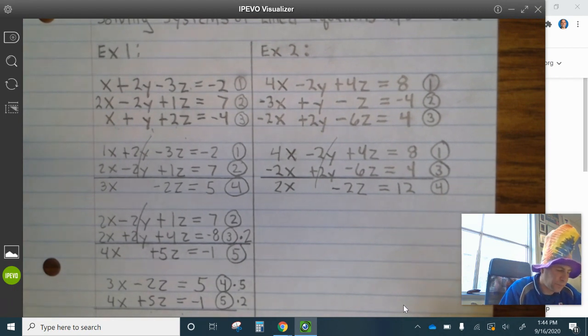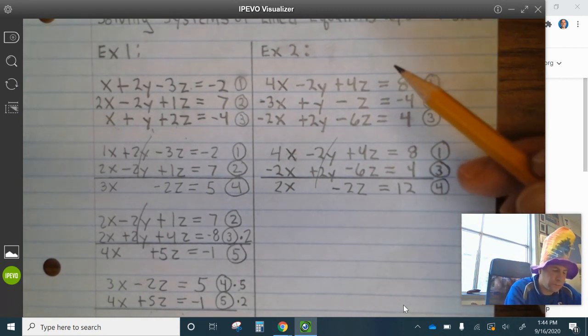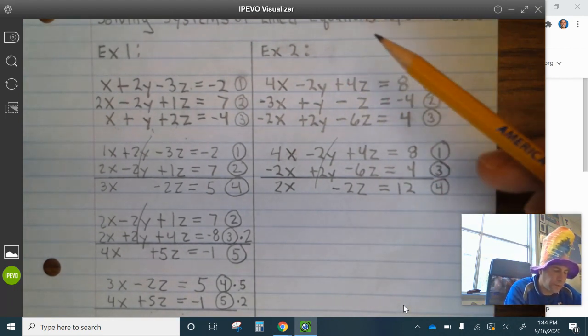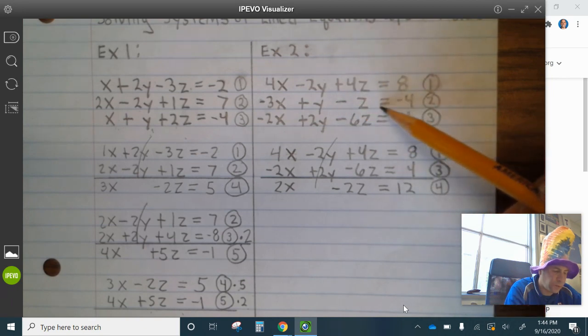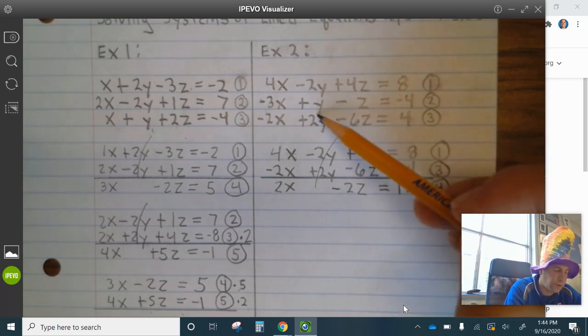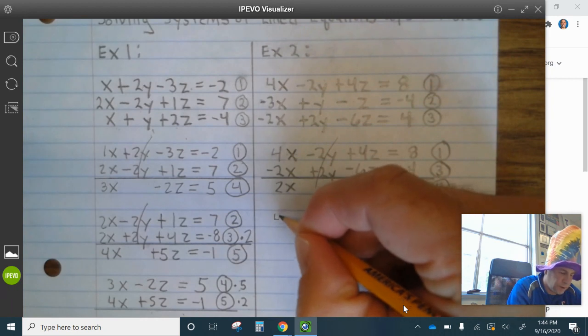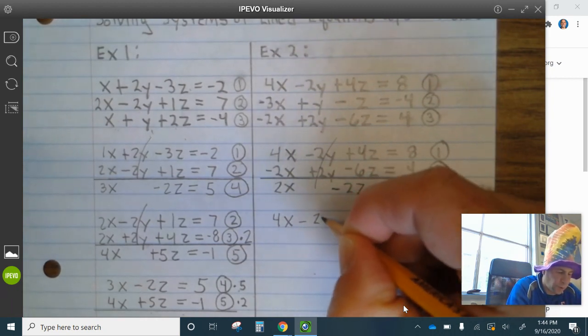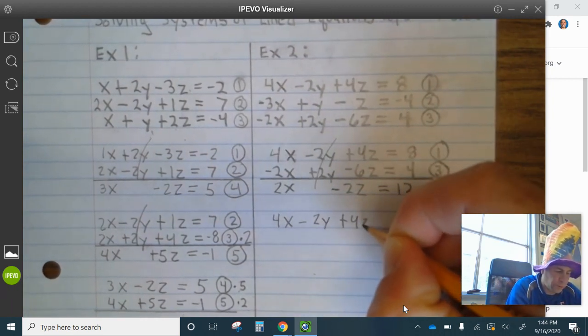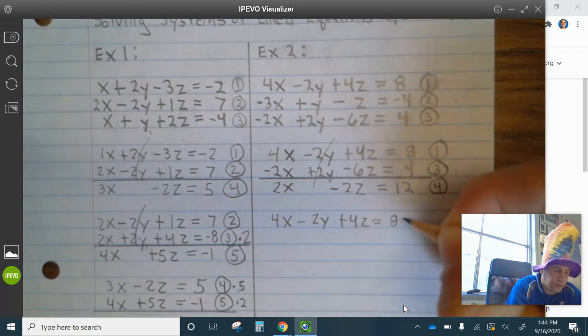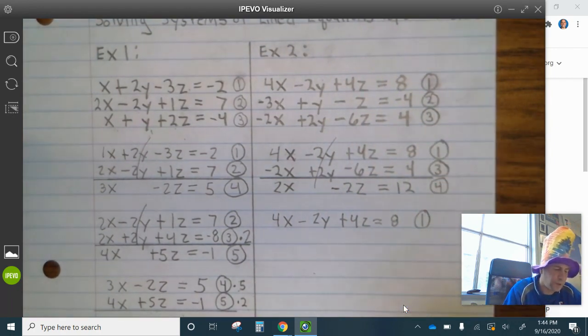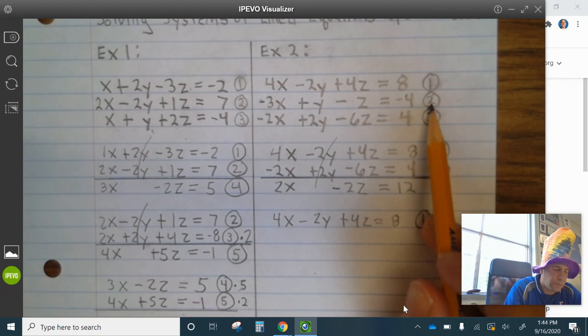Okay. Now, let's go ahead and combine equations 1 and 2, because if I multiply equation 2 by 2, the y's will cancel. So we have 4x minus 2y plus 4z equals 8, and that's equation 1. Now we're going to multiply everything in equation 2 by 2.